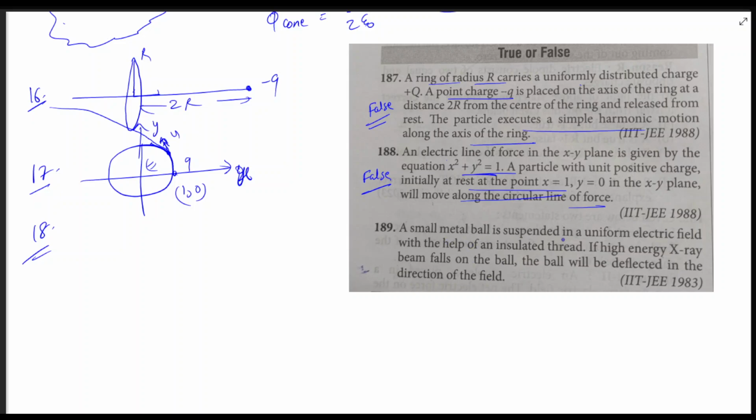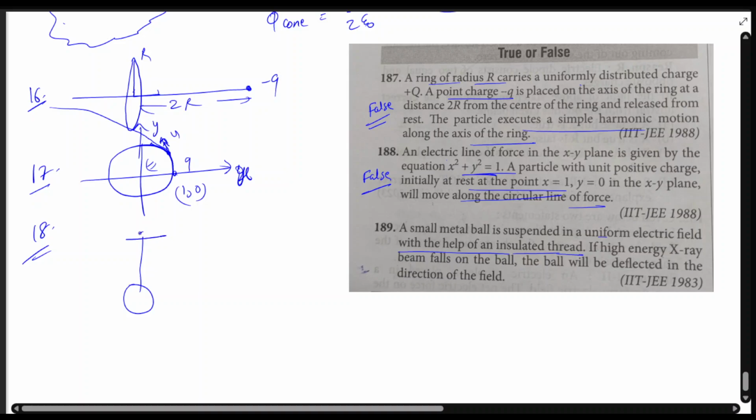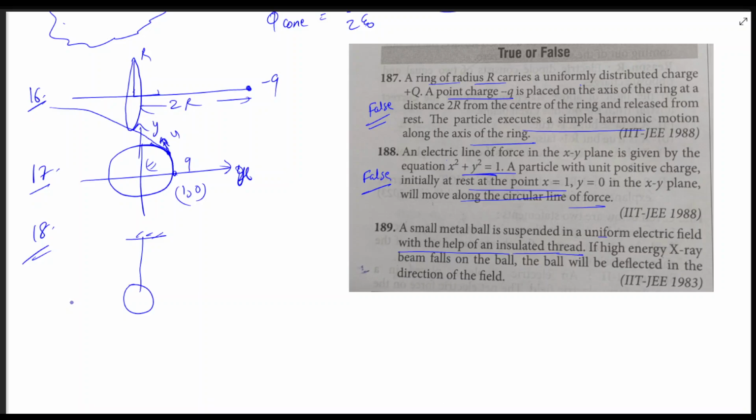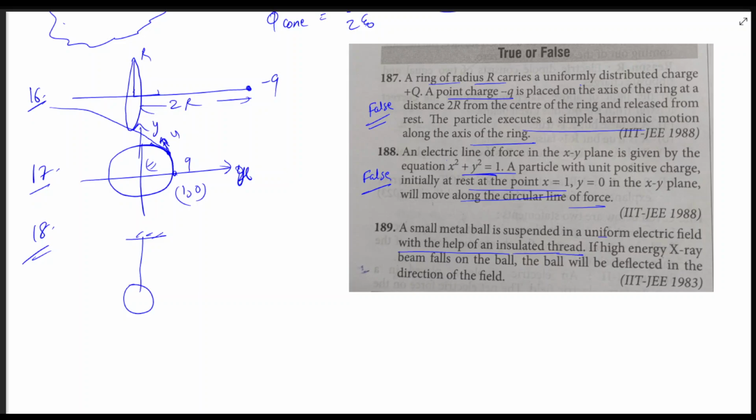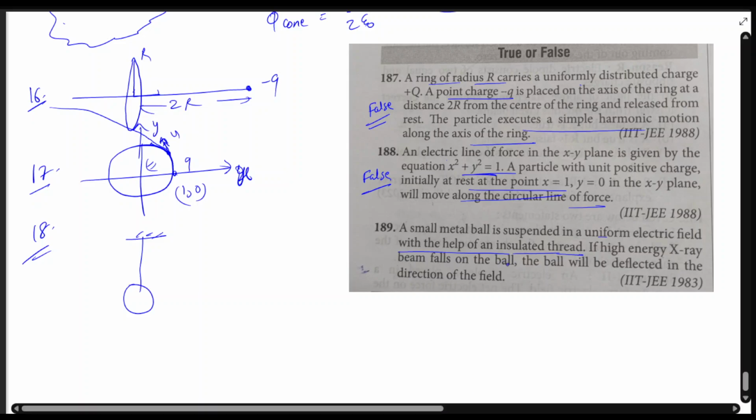Now, a small metal ball is suspended in a uniform electric field with the help of an insulated thread. Okay, X-ray beam falls on the ball, right? So what will happen if X-ray falls on the ball? Yes. X-rays have very high energy.